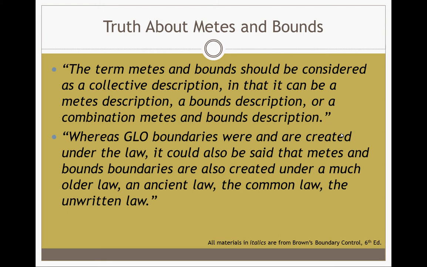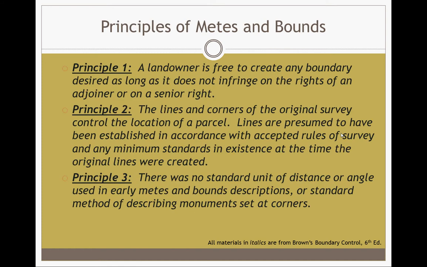The PLSS gained some information, and the way it was surveyed, from the meets and bounds system. The reason we shifted to meets and bounds is because we wanted a way that was easiest to transfer land from one owner to another. That was the easiest way. We'll talk more about that as we get into Chapter 6.